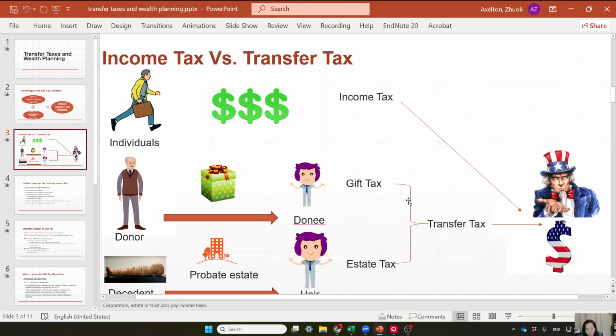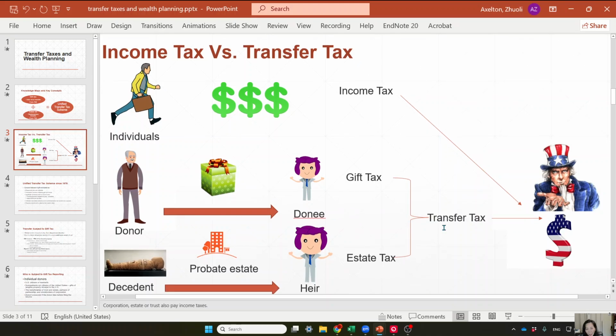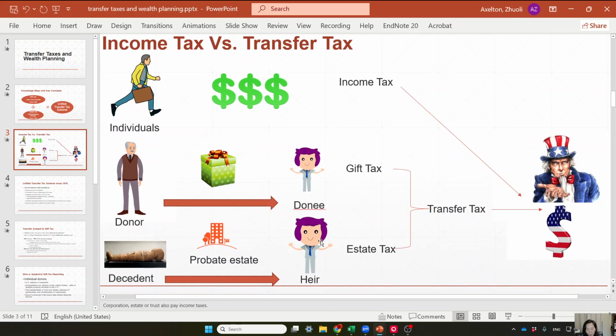The transfer tax is very different from income tax in a sense. The trigger event is a transfer, the property transfer. So in the gift tax scenario, there's a transfer of property from a donor to a donee. And from an estate tax perspective, there's a transfer of property from the decedent to the heir.